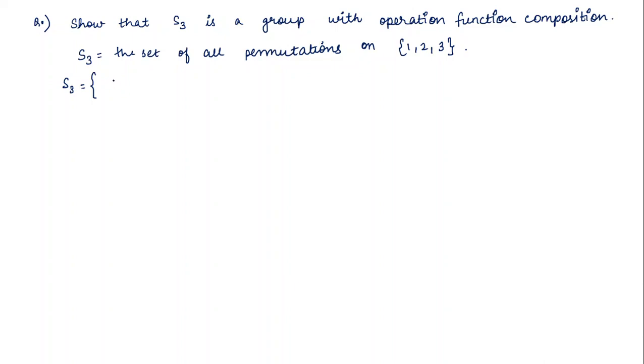it comprises these permutations: the identity, 1, 2, 3 mapped to 1, 2, 3. Then 1 is mapped to 2, 2 is mapped to 3, 3 is mapped to 1. Then 1 is mapped to 3, 2 is mapped to 1, and 3 is mapped to 2. This is the third permutation we did.